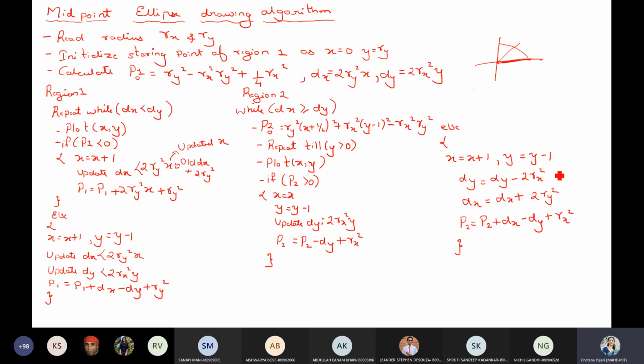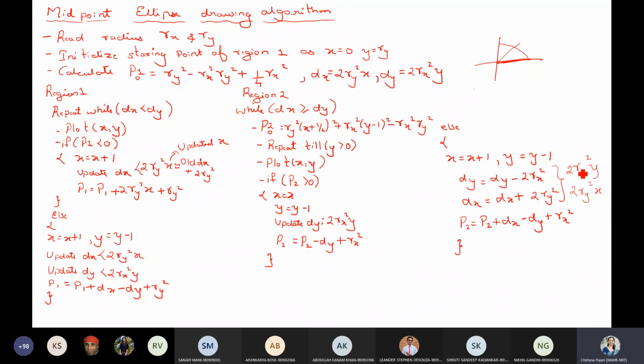Either you can go with this, or the same thing you can rewrite like this. Either you can just calculate dy in this way, or a new value of x you can substitute in this, and you will get the same answer.